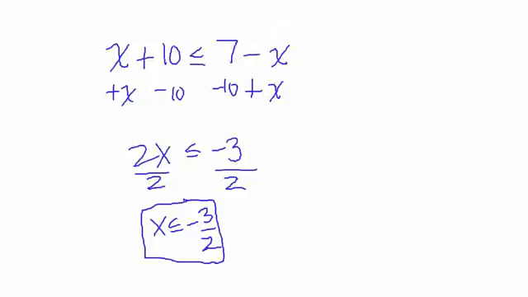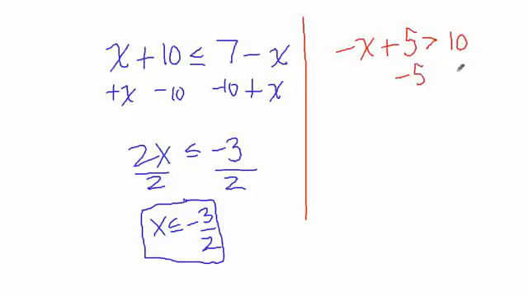Let me show you that now. Suppose instead I had something like minus x plus 5 is greater than 10. So I subtract 5 from both sides, so minus x is greater than 5.